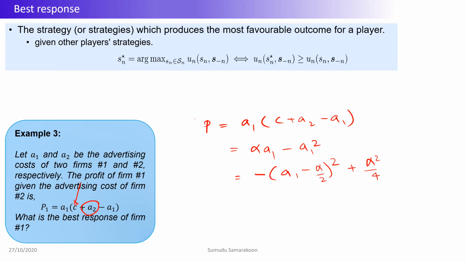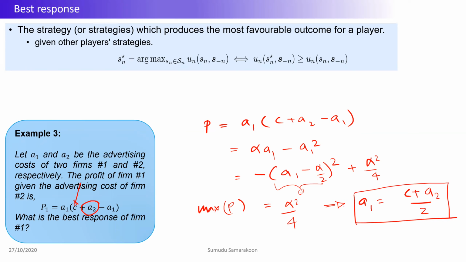Then, maximum P should happen when this squared part is equal to 0. It means P will be alpha square over 4, which is achieved when A1 is equal to alpha divided by 2.